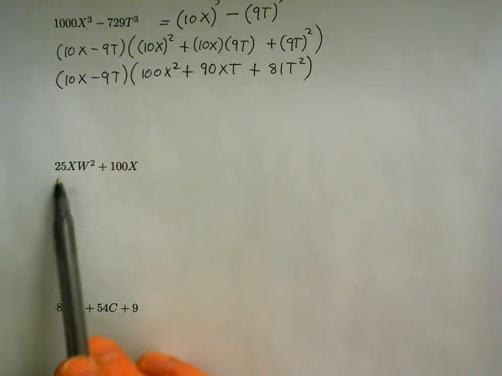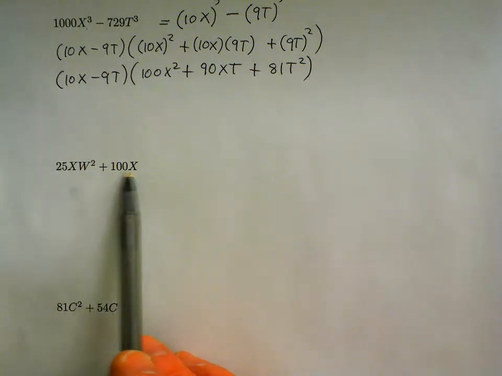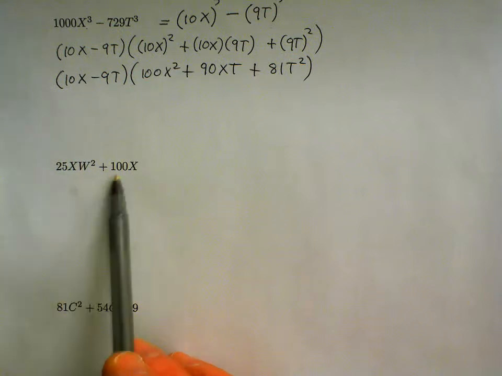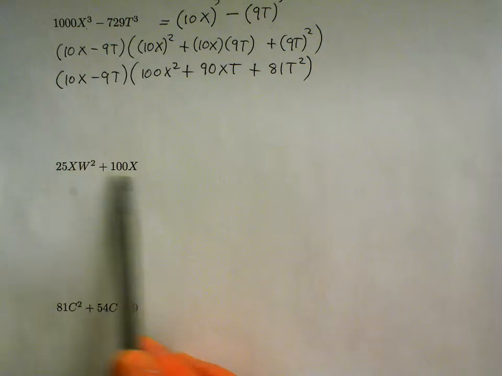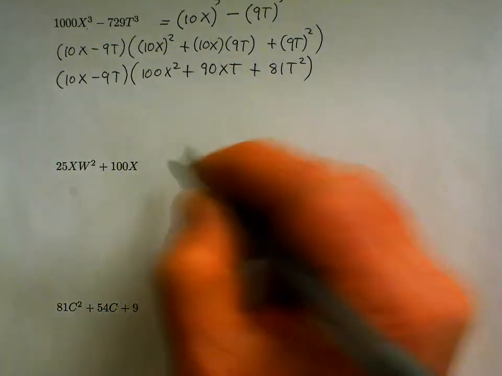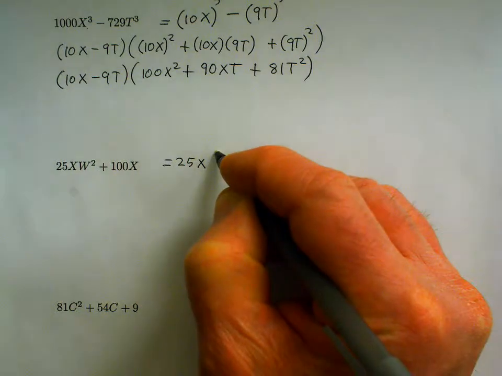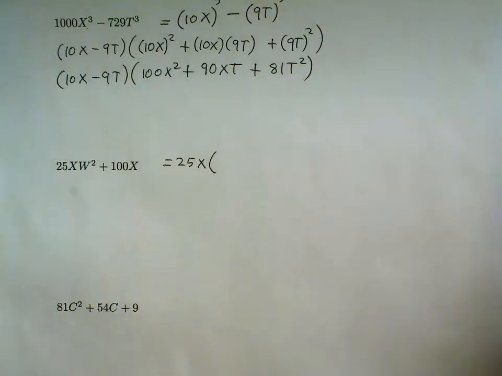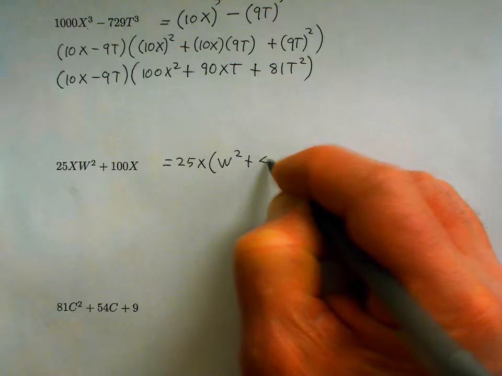Well, the greatest common factor is not 1. 25 is a common factor. 25 goes into both 25 and 100. And each of the terms has one factor of x. So the greatest common factor is 25x. And after we factor that out, we have w to the second plus 4.